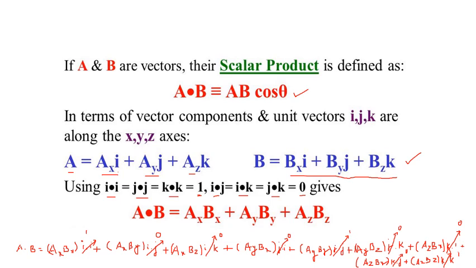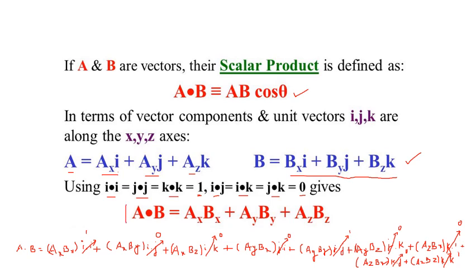Ax bx into 1, and the second term will be 0. The entire second term will be 0 because i dot j, we substituted this value as 0. Okay, and third term will be 0, fourth term is also 0, fifth term will be there, right? Ay by, and the last term alone will be there, az bz. So this is your result, students.